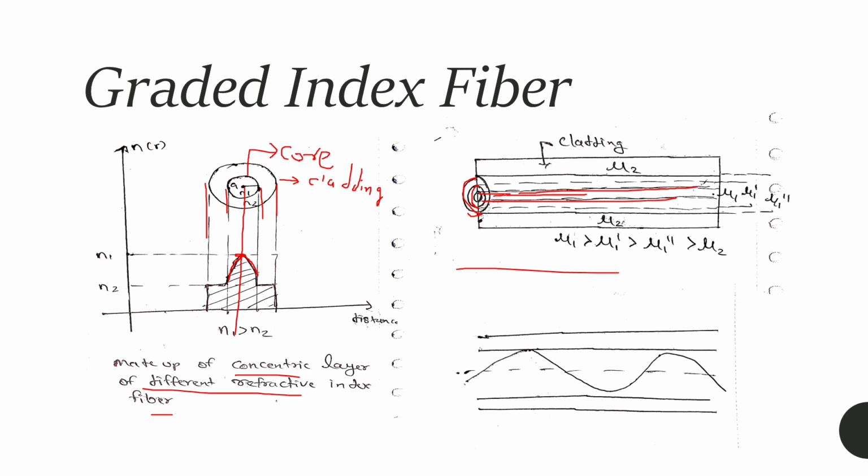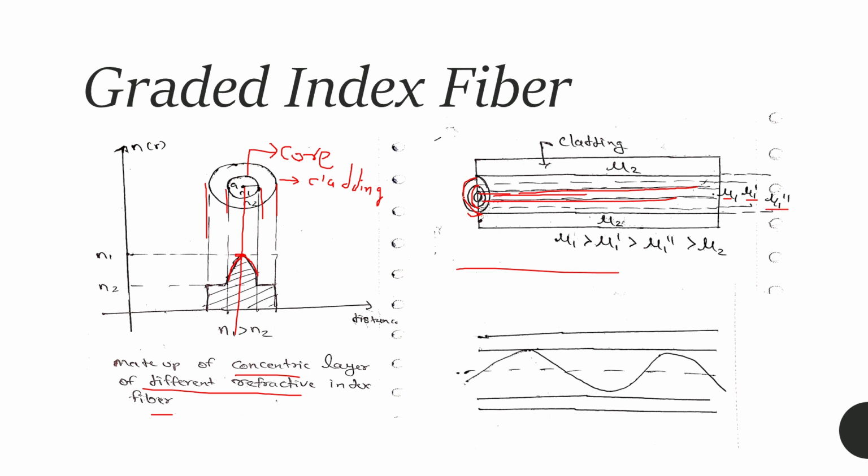The first one, present at the center, has the refractive index of mu1, the second one, present just after this, has the refractive index of mu1 dash, and the third one, present after this, has the refractive index of mu1 double dash.